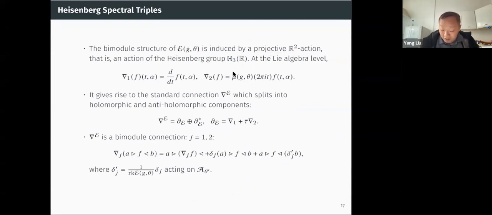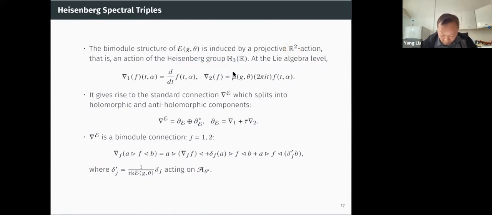The projective representation of R2 is equivalent to a representation of the Heisenberg group. So by differentiating this action, we get two differentiations.